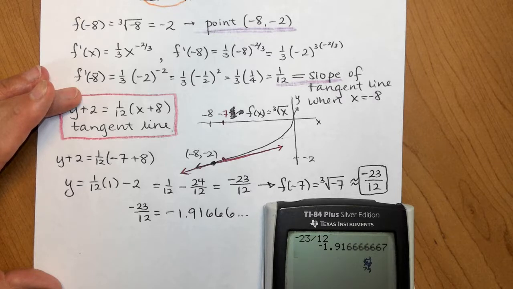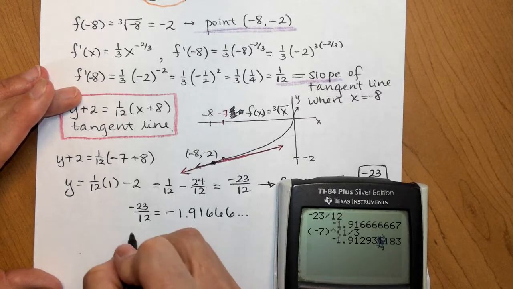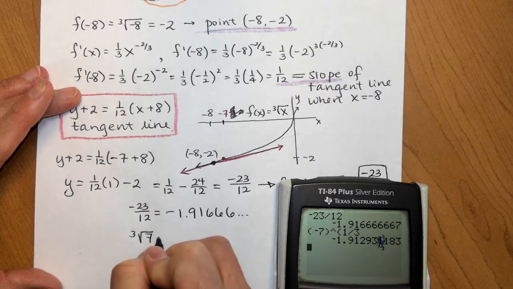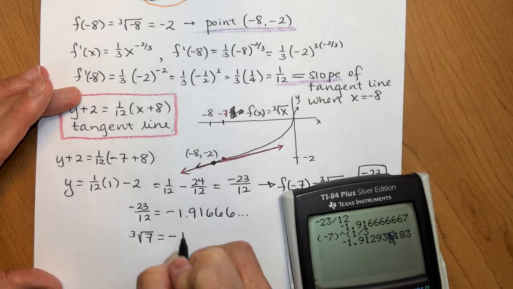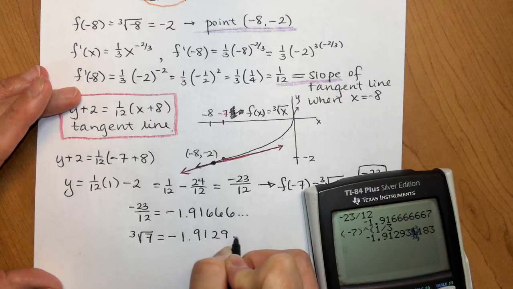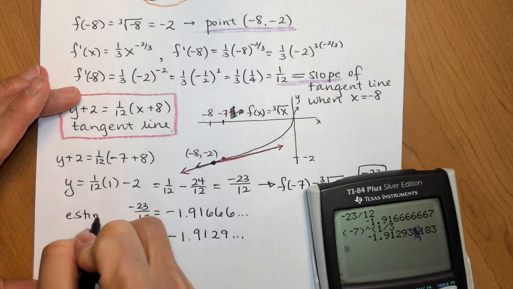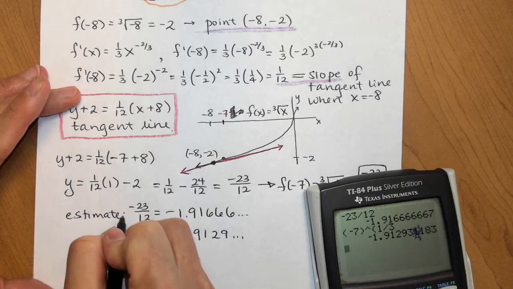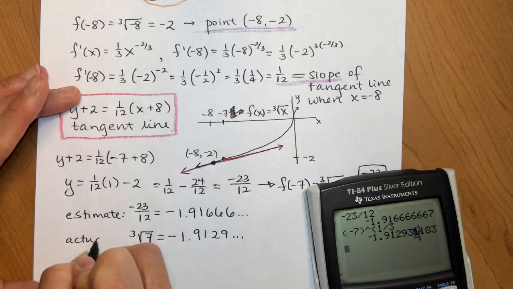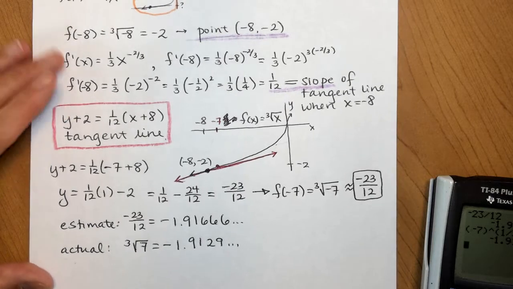The -7 to the 1/3, or the cube root of -7 is, look at that, we are pretty close, -1.9129. Okay, so this is our estimate, and this is our actual value. Okay, so there we have linear approximation.